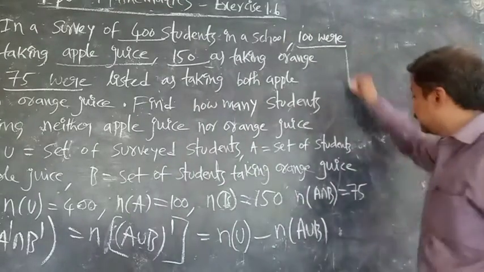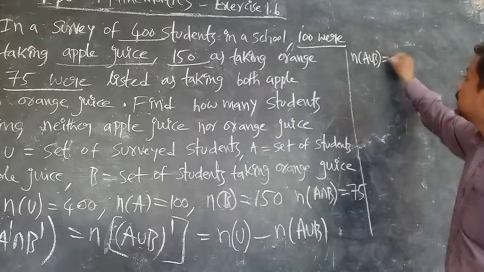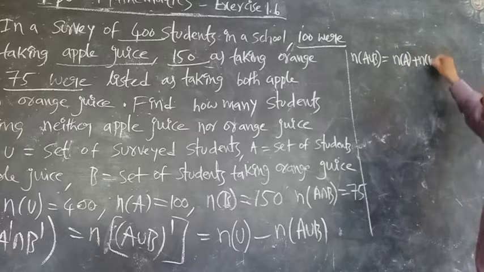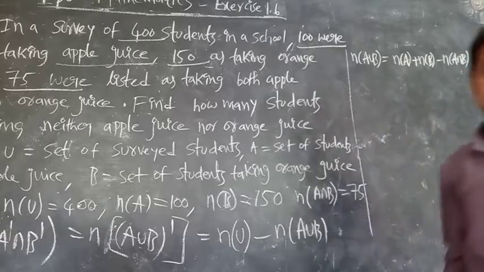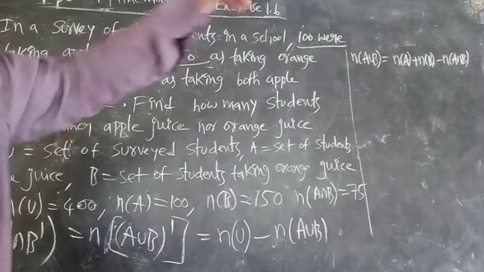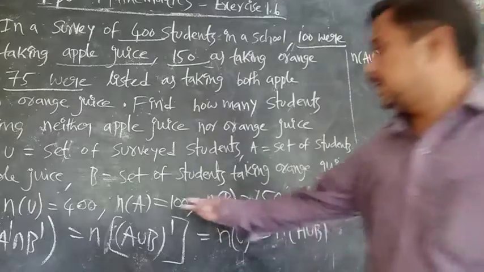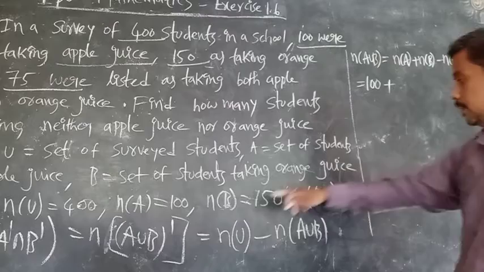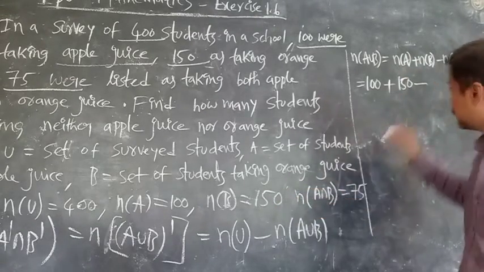See. n of A union B is equal to n of A plus n of B minus n of A intersection B. Visible, right? So n of A equals 100 plus n of B, 150, minus n of A intersection B, 75.